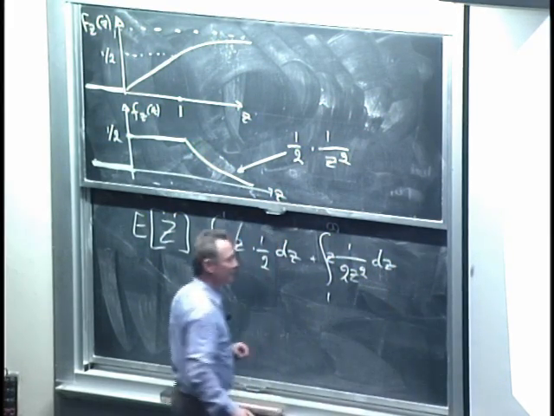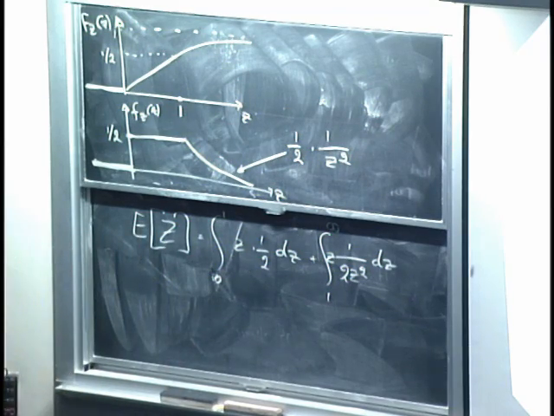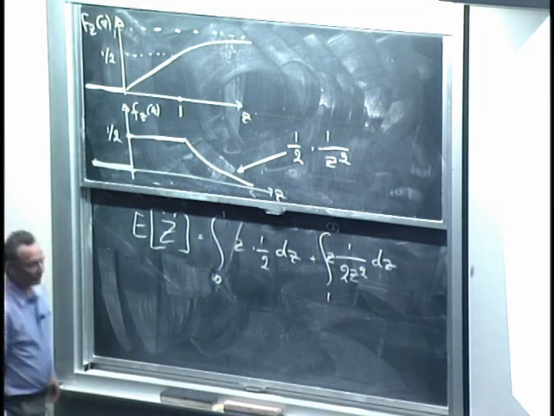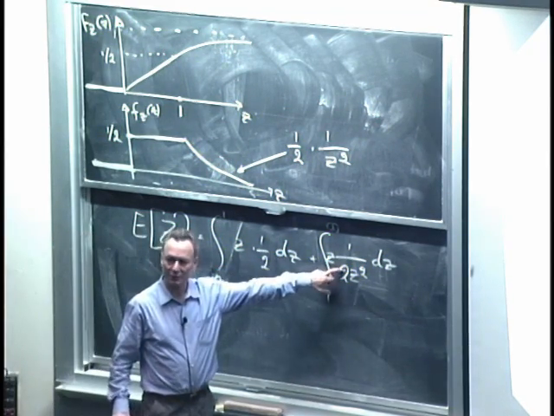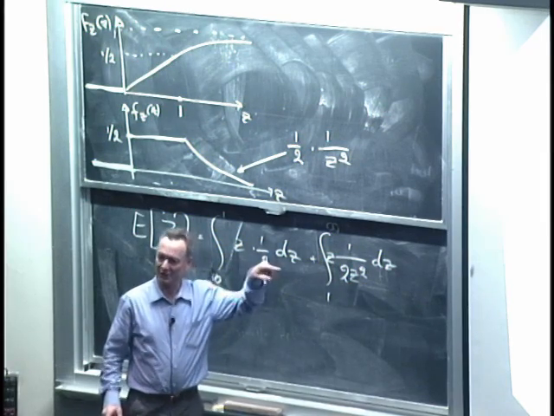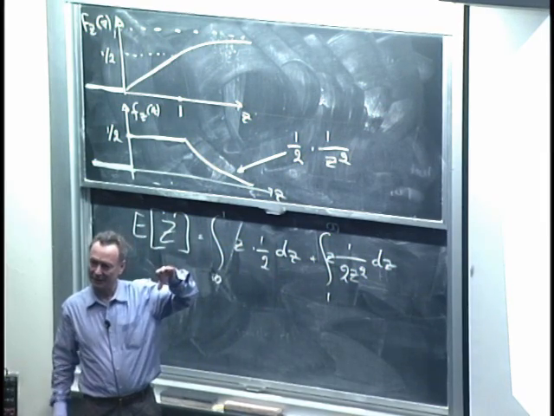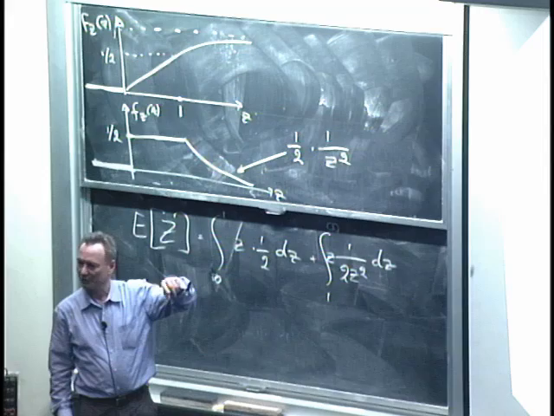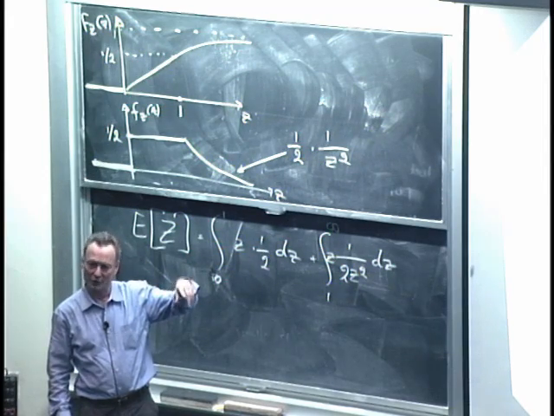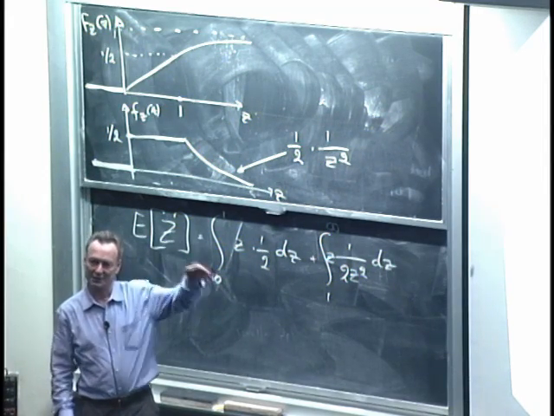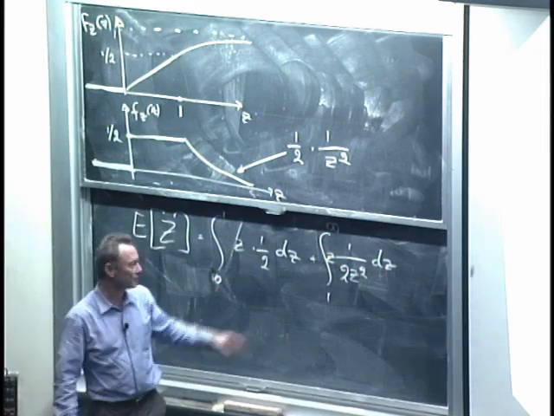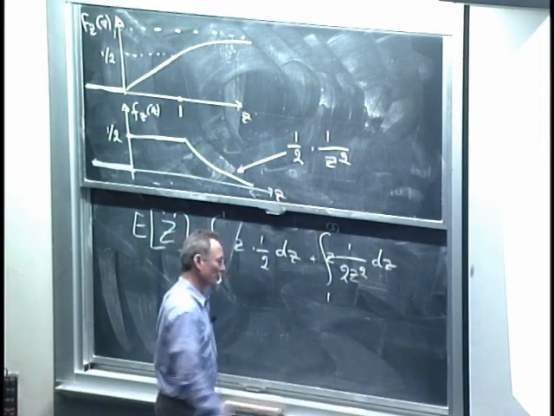So what is this integral? Well, if you look here, you're integrating 1 over z all the way to infinity. 1 over z has an integral which is the logarithm of z. And since the logarithm goes to infinity, this means that this integral is also infinite.